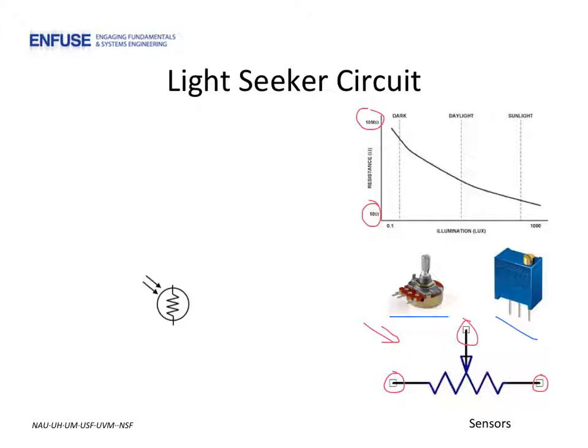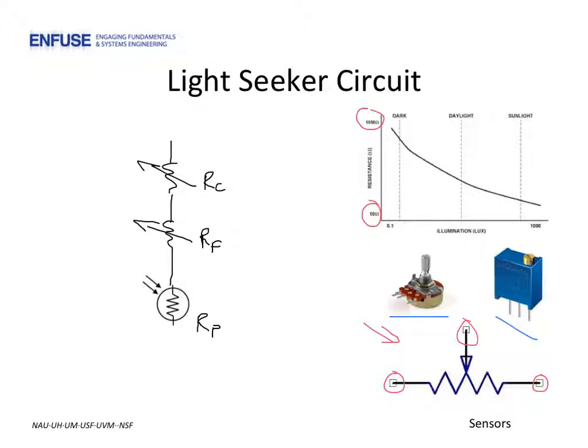So let's take a look at what our circuit might look like. We'll have two potentiometers. Let's say our coarse potentiometer there, followed by our trim pot, and we'll call that RF for fine potentiometer, connected here to our photoresistor.